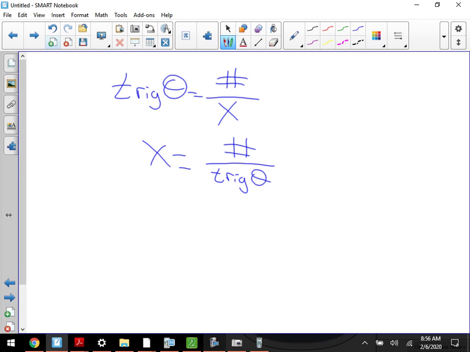Number 2, I'm using cosine because I have an adjacent and a hypotenuse. So with any luck, we get inverse cosine 24 over 25. I get 16.26. Okay.